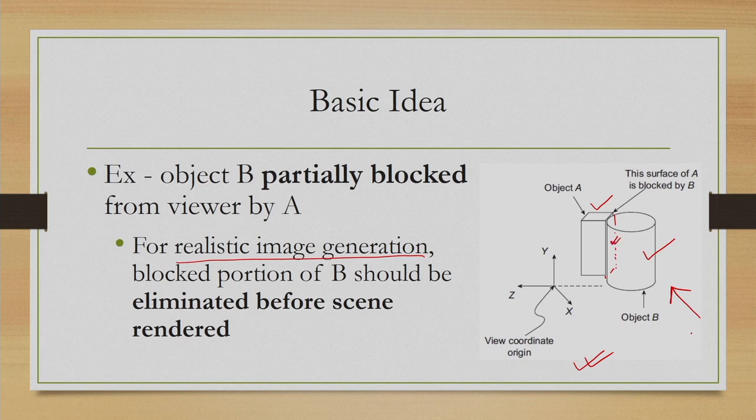So, if the viewer is located at this point here, then this object A surface, which is behind this object B, should not be visible to the viewer.